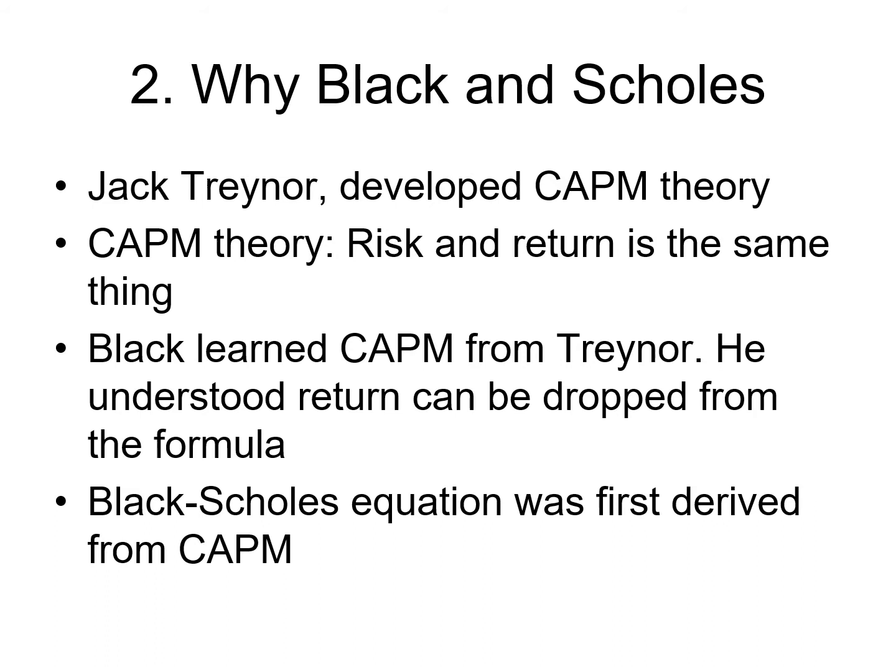From CAPM theory, risk and return are the same thing, or they can be related by an equality. Fisher Black learned CAPM from Treynor. He understood that return can be dropped from the formula. The Black-Scholes equation was first derived from CAPM. It did not contain the expected return of the stocks.